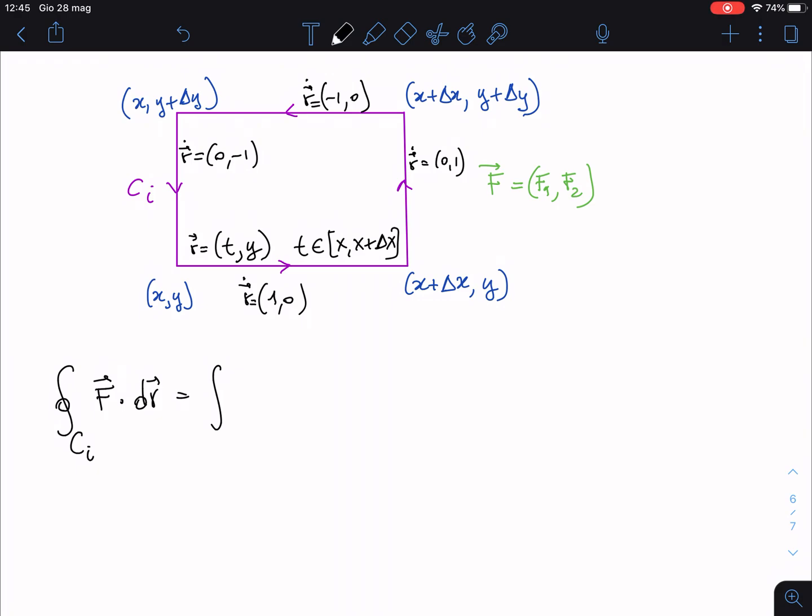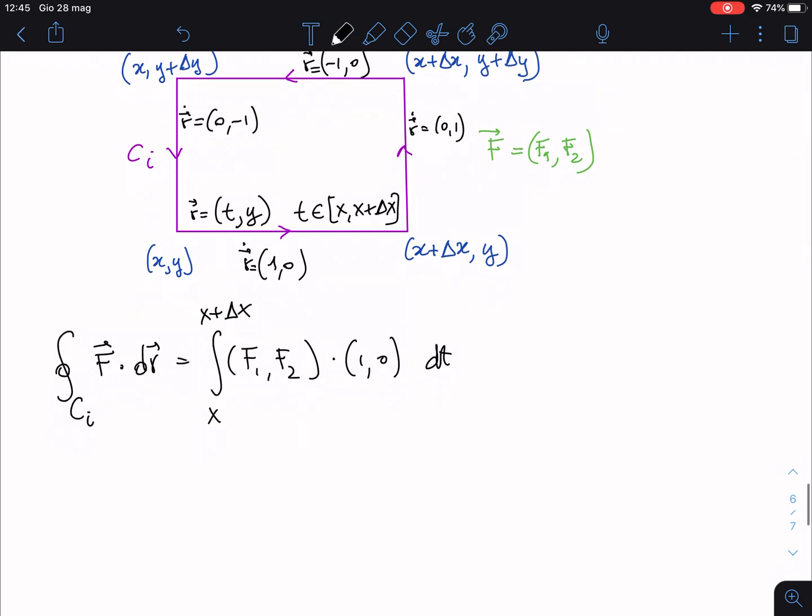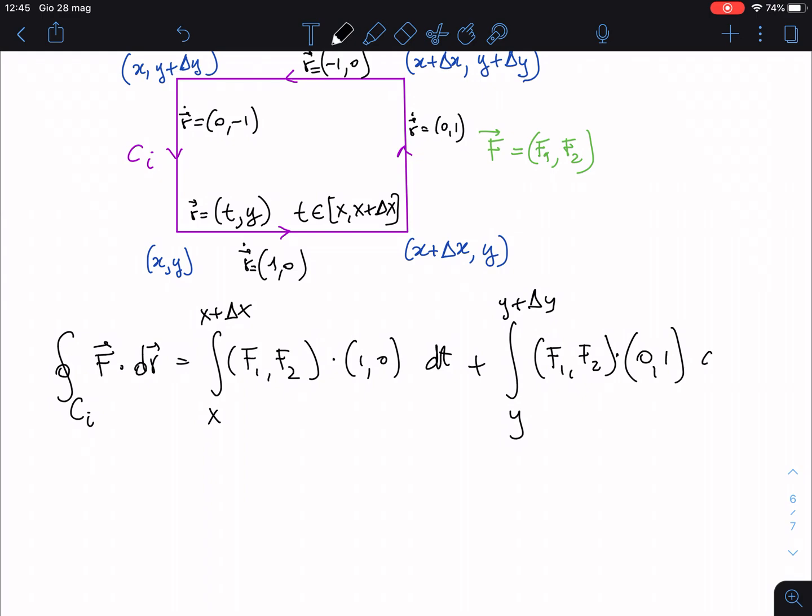First you have (F1, F2) times (1, 0), here you are on this side, in dt, t going from x to x plus delta x. Plus you go to the second side, from y to y plus delta y, and here you have (F1, F2) times (0, 1) dt.